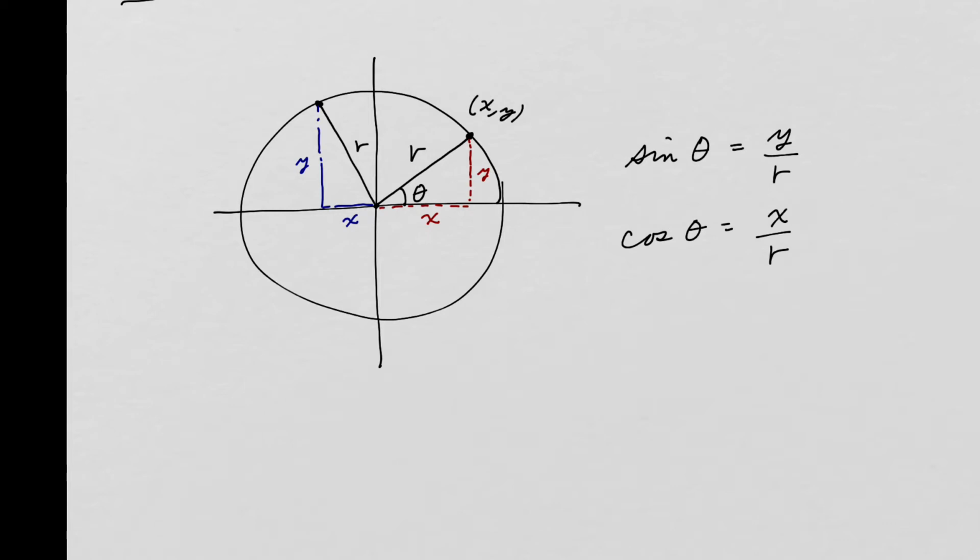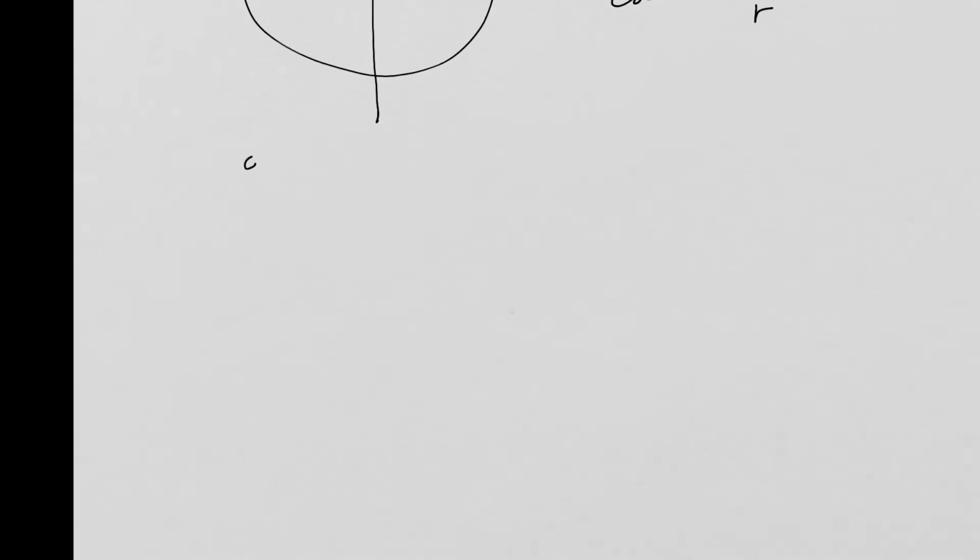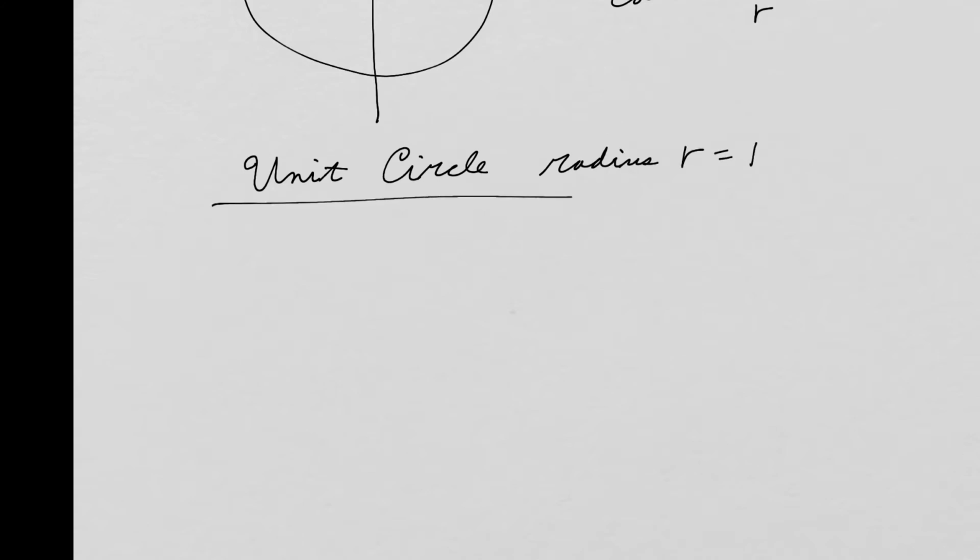Now, what is a unit circle? A unit circle is a special circle where the radius r is equal to 1. So in this case, we had a general r, but with a unit circle, the radius r is equal to 1.